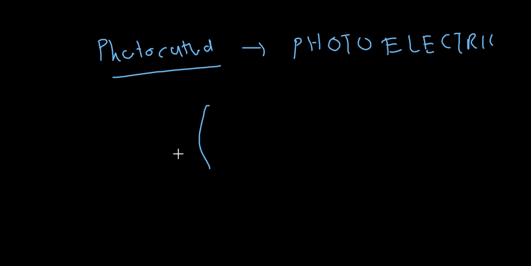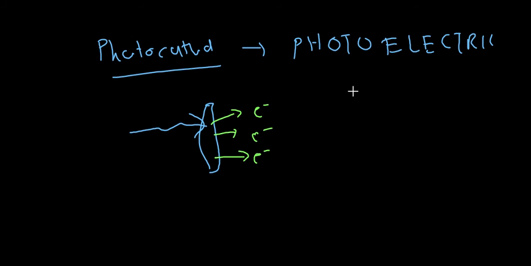Whenever light falls on a particular substance, it absorbs the light, and when the light photon energy is above a certain threshold, it will emit electrons. This is the principle of the photoelectric effect.